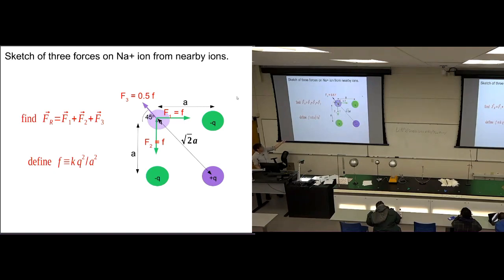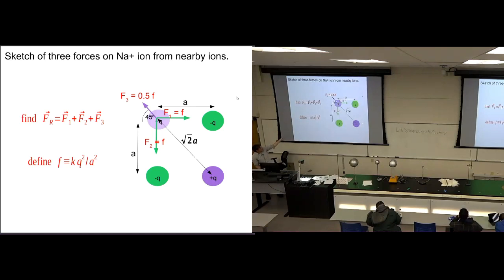This force that I called force number 2 due to this charge 2 here is little f. The same applies to this force number 1 due to the right-hand charge. This charge is a distance a away. The two charges' magnitudes are q, and so this is also kq squared over a squared, or this little f.